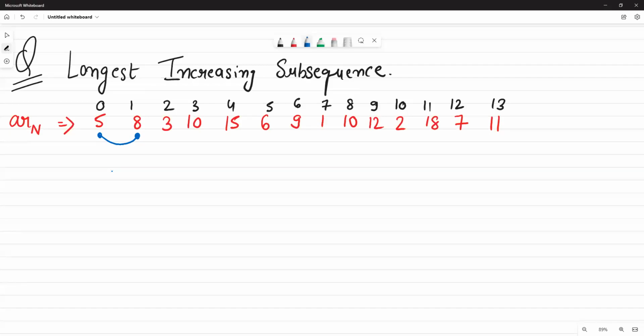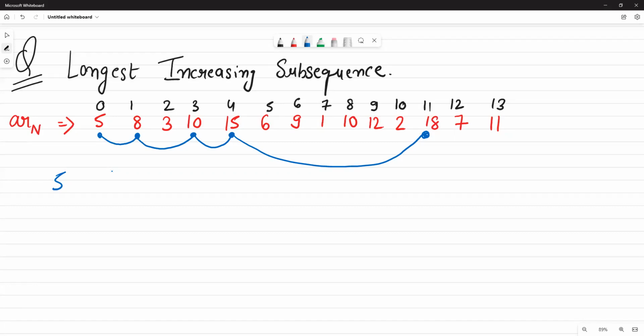Can I take 3 in my subsequence? No. I'll take 10. I'll take 15. Can I take 6? No. 9, 1, 10, 12, 2, 18 I can take. 18. Other than that, I can't take any number. So the length here I got is 1, 2, 3, 4, 5. So can you guys tell me what is the longest increasing subsequence you can get out of this specific array? That is the question.